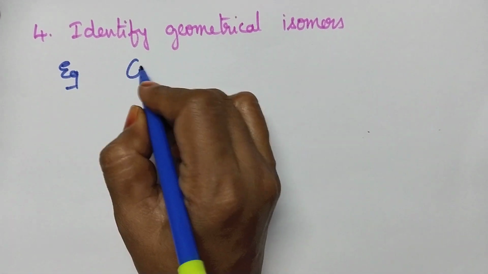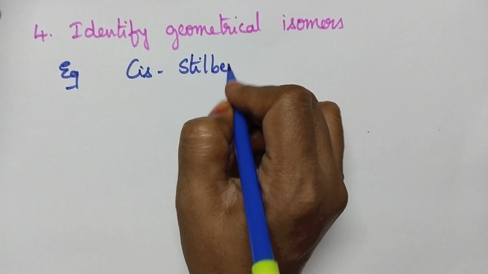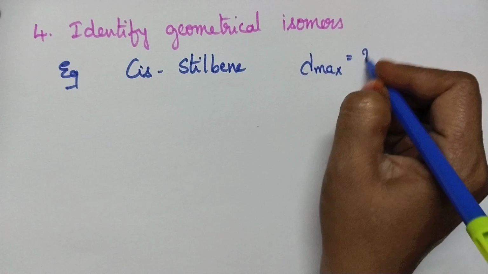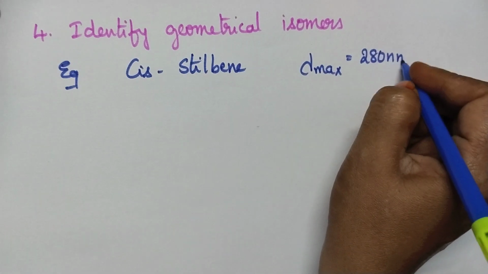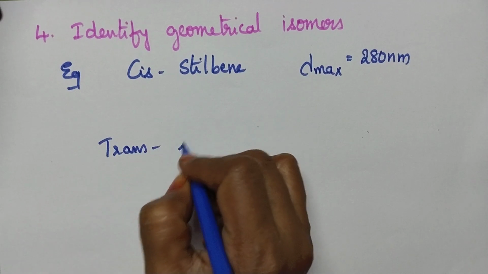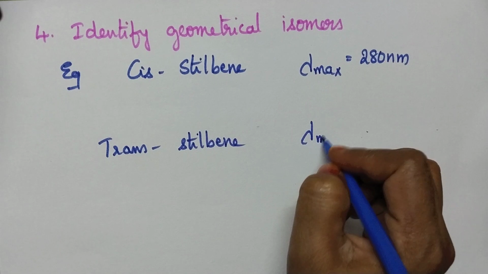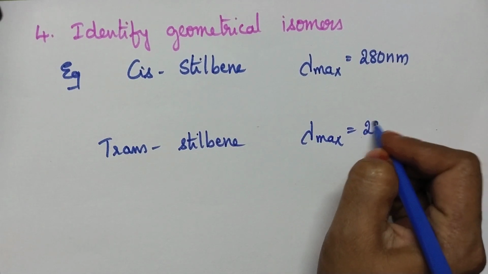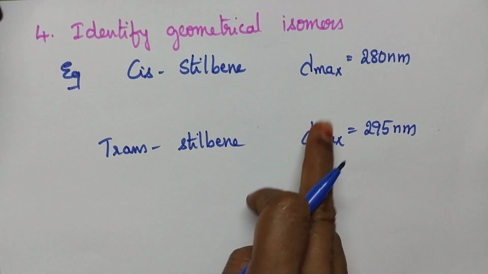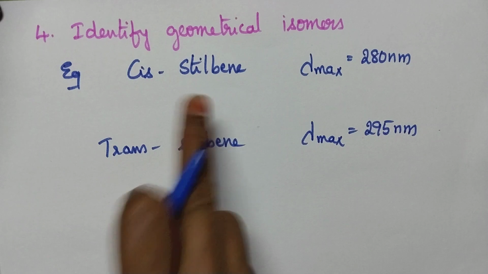Cis-stilbene shows characteristic absorption at 280 nanometers, whereas trans-stilbene shows characteristic absorption at 295 nanometers, and the difference in the absorption maximum is due to their structure.